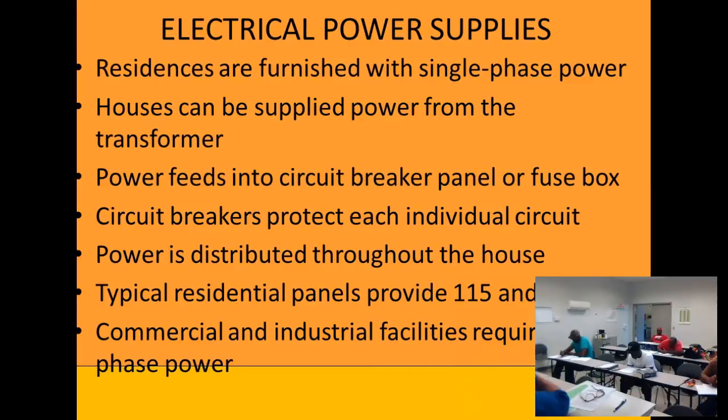Some of y'all have been around some of these old houses, or you may live in one that still has a fuse box. A fuse box is the simplest safety device we have. You're still going to find them, but hopefully most of the stuff you're going to work on is with breakers.